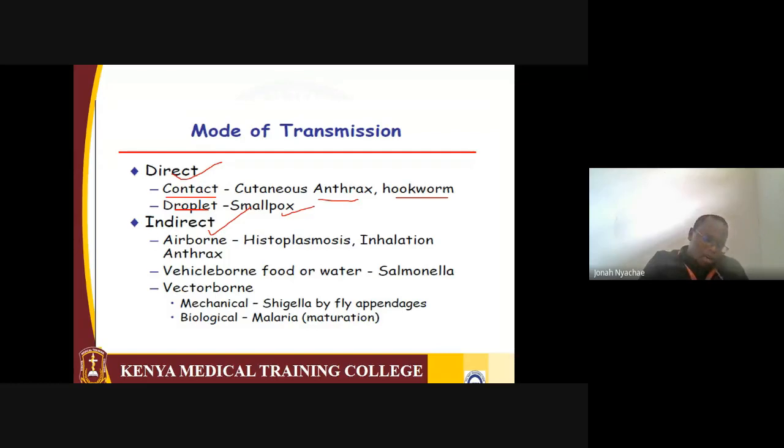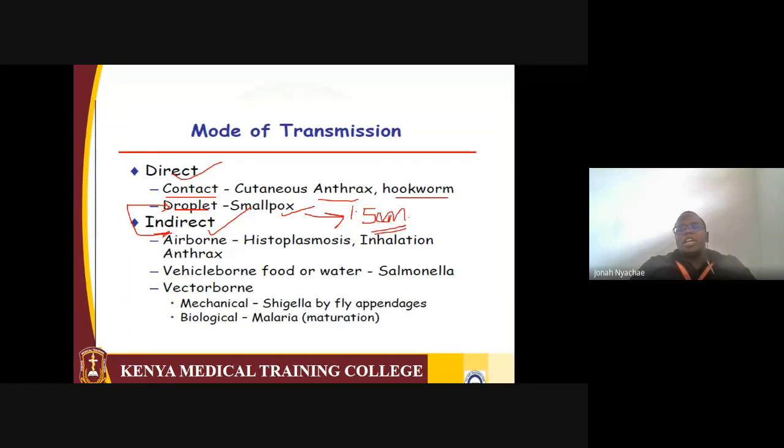at a meter or a distance of, okay, let me first say, there's a difference between droplet and airborne. Basically, the difference is in terms of distance. That is what qualifies if a condition is a droplet or an airborne. So if it is a droplet, a person can spit up to around a distance of 1.5 meters.